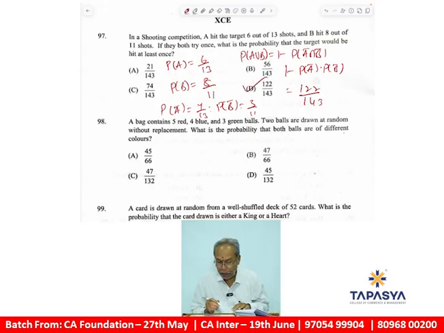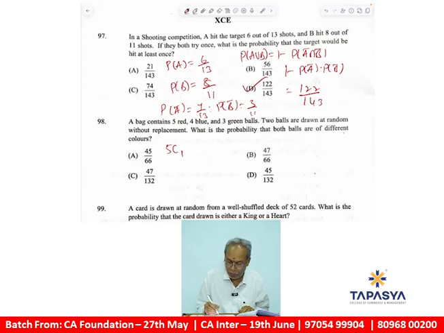Now, a bag contains 5 red, 4 blue and 3 green balls. 2 balls are drawn at random without replacement. What is the probability that both the balls are of different colors? So the different colors will be red and blue, blue and green, and green and red. So this can be done in how many ways?